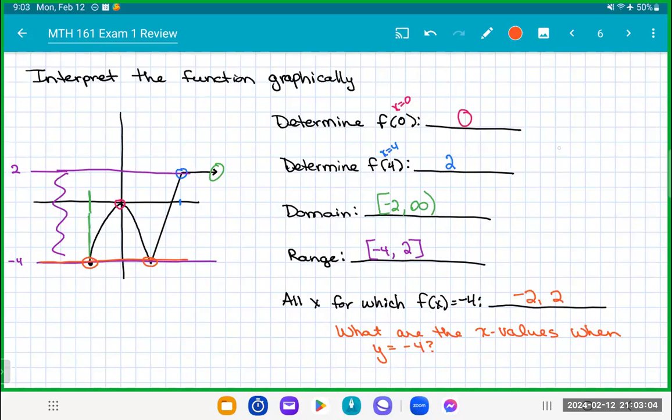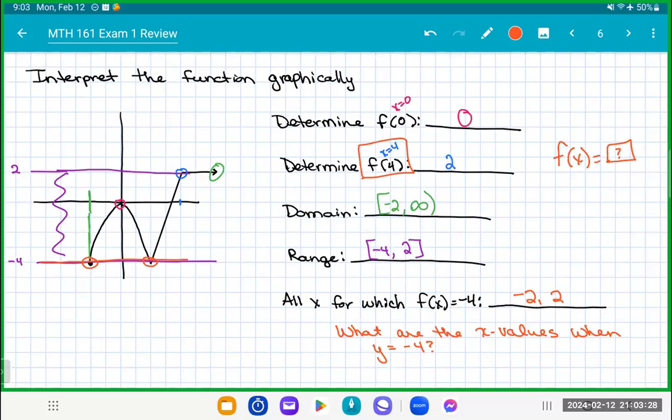Yeah. Because our functions are what? f of x equals something, right? So this is f of, oh, that tells me x equals 4. Oh, okay. So for that very last one, because it's asking for the x's, that's why we assume it's y.